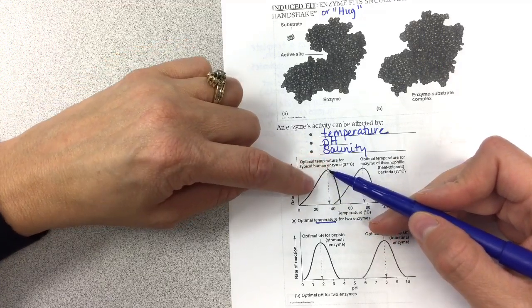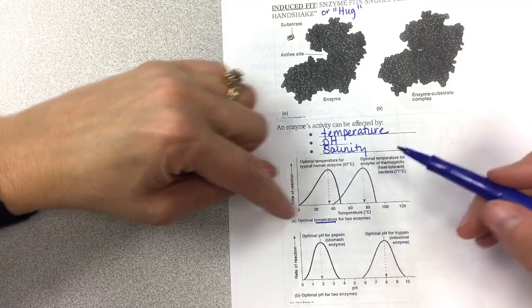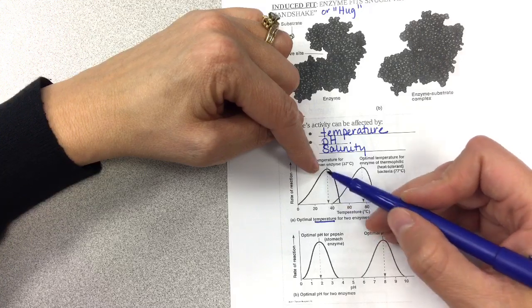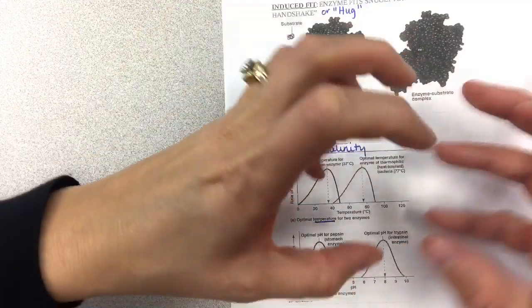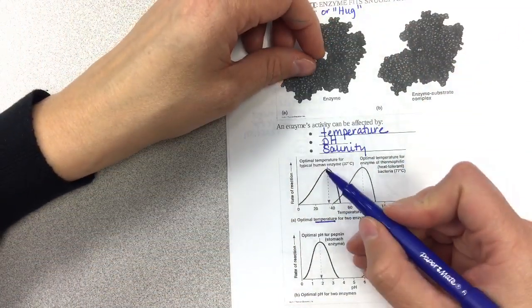If we go one way or the other, it drops. And notice here that it drops faster as it gets hotter, because when it gets hot, the kinetic energy increases and the enzyme unravels and loses its shape. When it gets colder, the enzyme doesn't lose its shape. It just slows down.